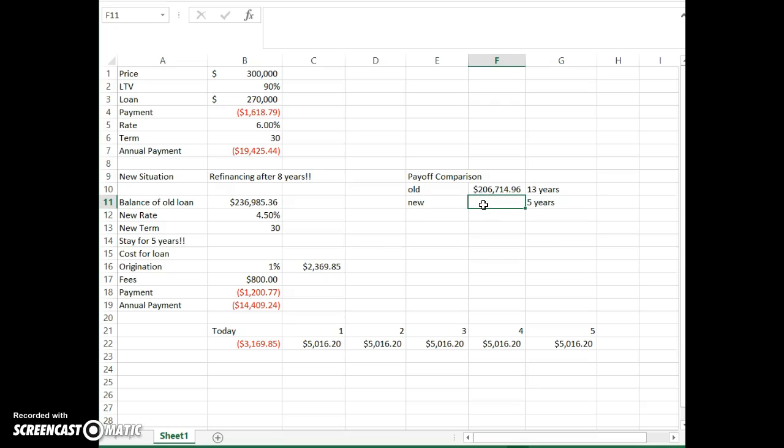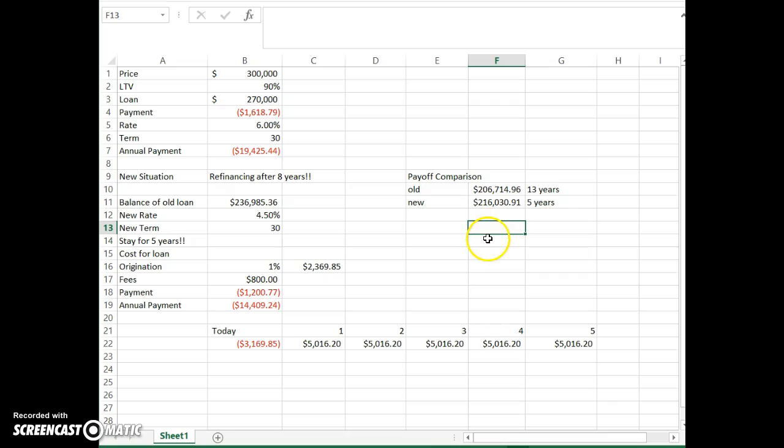Next, the new is the same thing. The rate is going to be 4.5 divided by 12, open parenthesis, 30 minus 5, close parenthesis, multiply by 12, comma, payment, close parenthesis, equal. You can see it's about a $10,000 difference, just about.